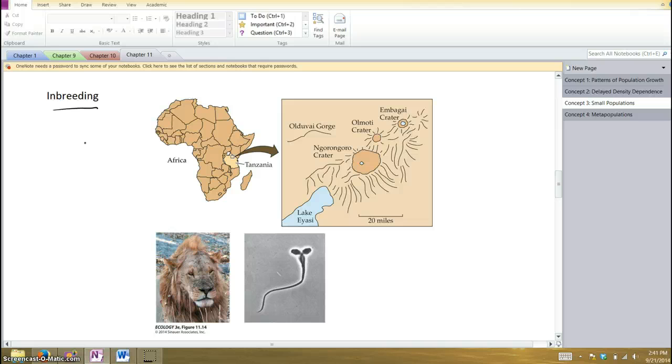The example they give here is in Tanzania, in Africa. There are these mountainous areas where there are these old volcanic calderas, and some of these calderas are quite large. You can see the scale here, 20 miles.